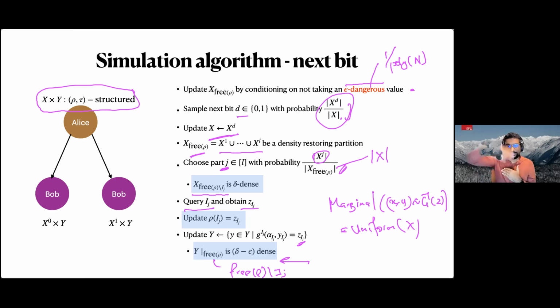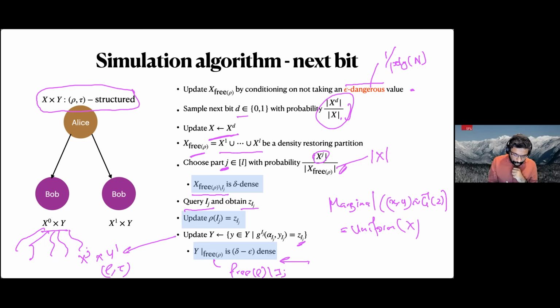So by doing this sequence of steps, we have ensured that we are in here. Although we focused on x0 cross I, our simulation has branched into many parts, and we are in some part xj cross y dash, which is this y, and this xj cross y dash is now row tau structured.